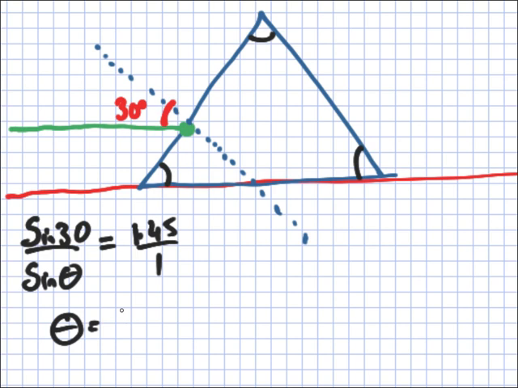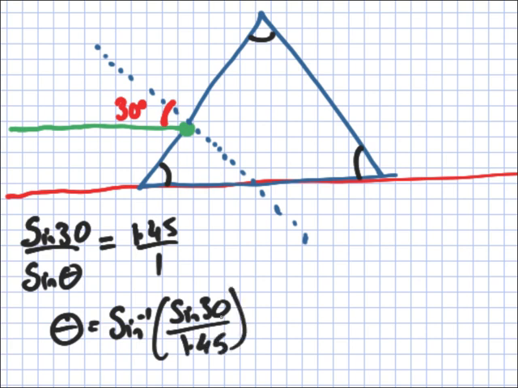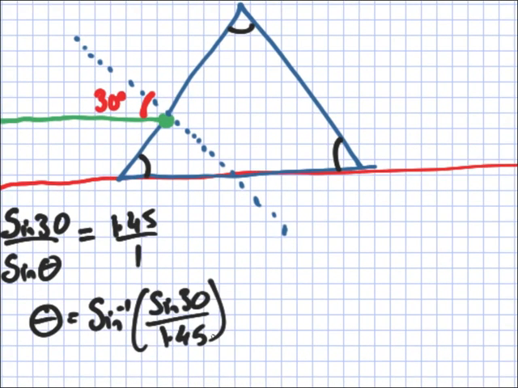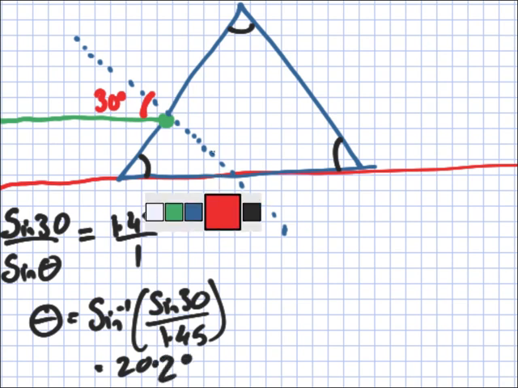So theta is sine inverse of sine 30 over 1.45, which is 20.2 degrees.